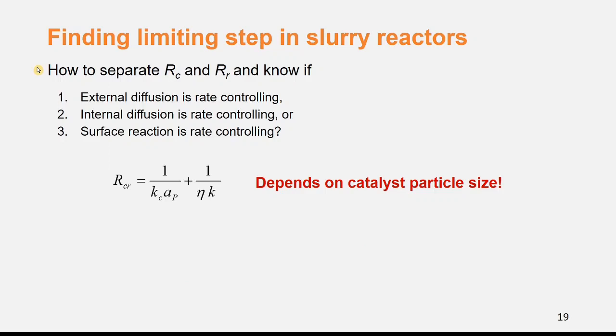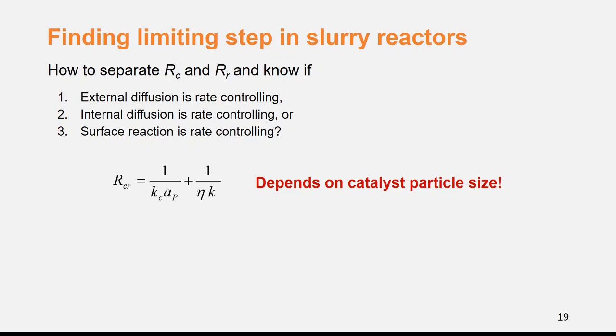So we want to be able to separate RCR into RC, the resistance due to external diffusion, and RR, the resistance due to internal diffusion and reaction, so that we can identify whether external diffusion, internal diffusion, or surface reaction is controlling the rate.